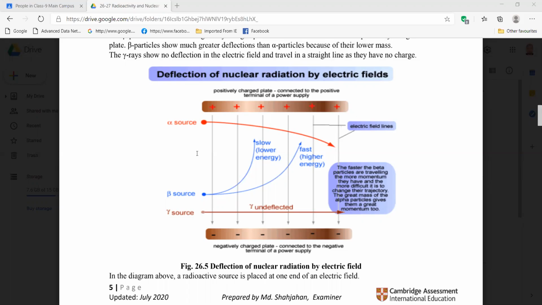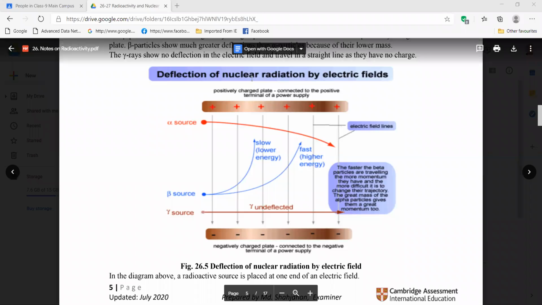Then beta has negative charge, so it is attracted from the negative side to the positive side with more curve because it is less heavy, and since gamma ray doesn't have any charge, it just goes undeflected.